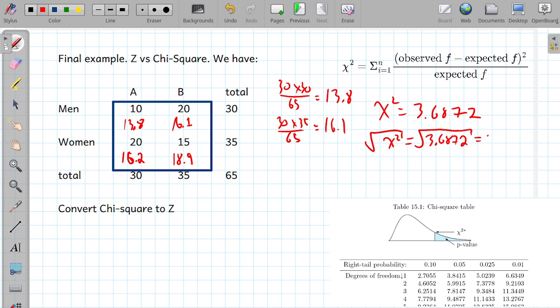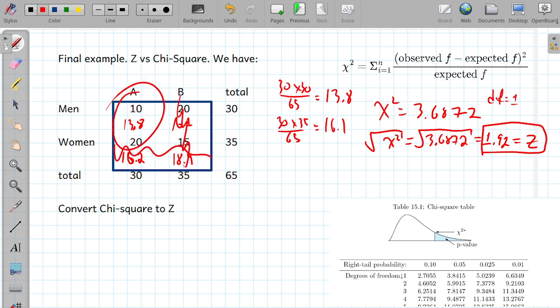1.92. And this is our z value. Now, what's the p-value associated with that? Well, let's check something. So here's 3.6. Degrees of freedom is 1, by the way. df is 1, because remember, we're going to strike out one of these and strike out one of those.